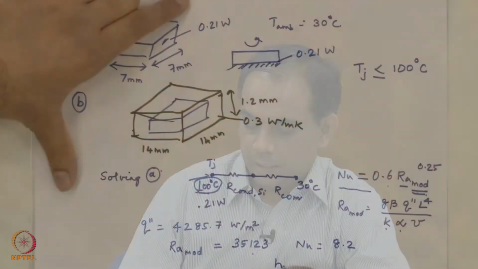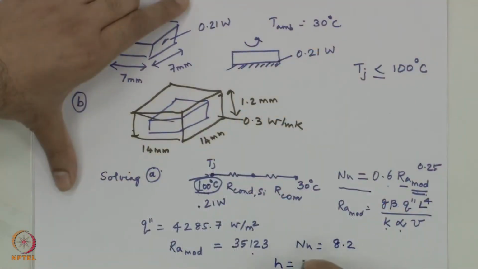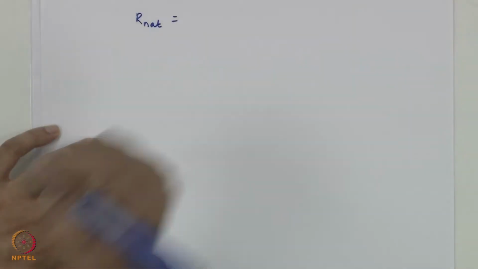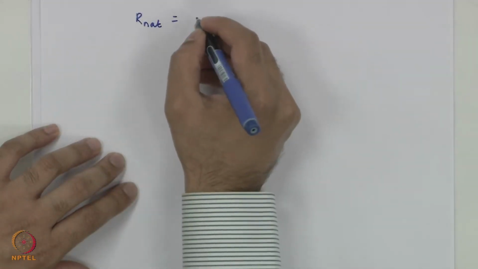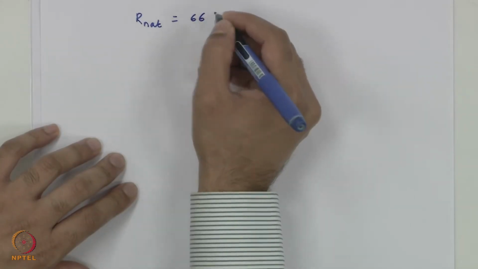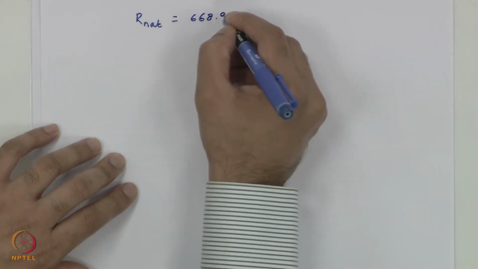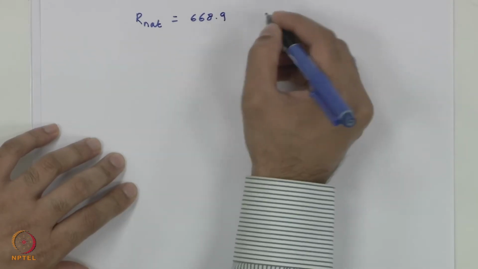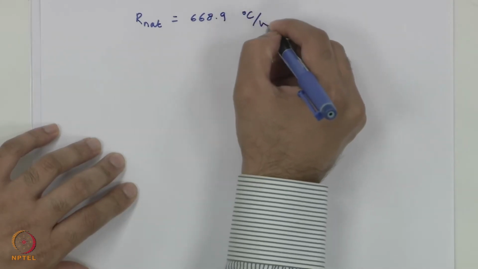From this, we can calculate the heat transfer coefficient, and that turns out to be 30.5 watts per meter square Kelvin. With this, we are in a position to calculate the resistance due to natural convection, and that resistance happens to be 668.9 degrees C per watt.